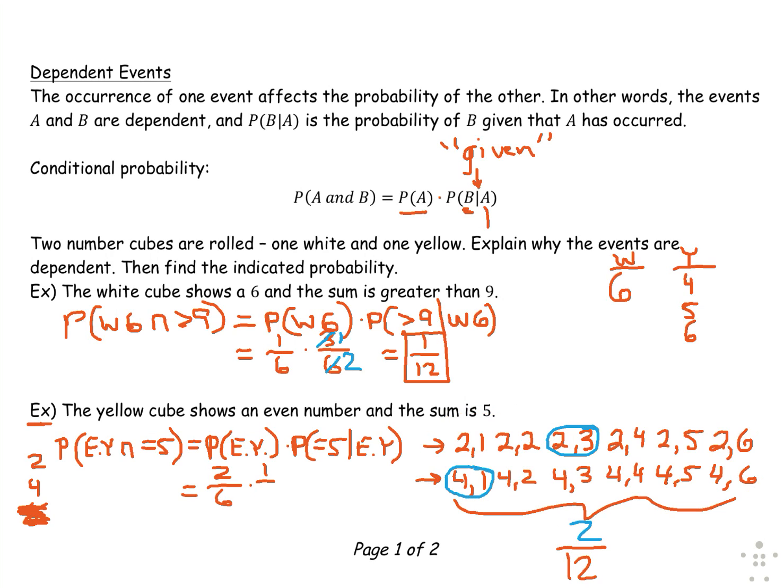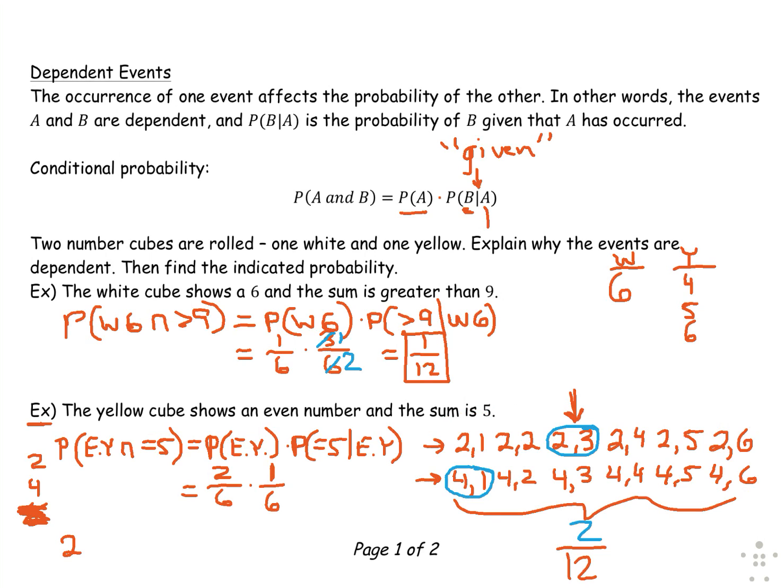There's another head-on way to get this answer. Think of the following. Once you know that a 2 is already rolled on the yellow number cube, you only have one option out of 6 to get a sum of 5 in the end.